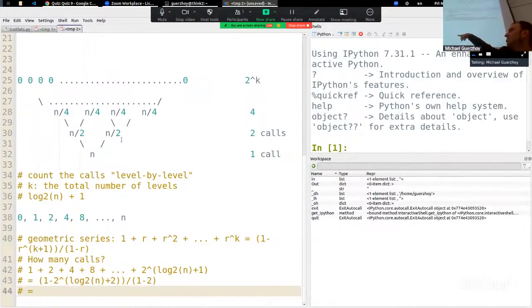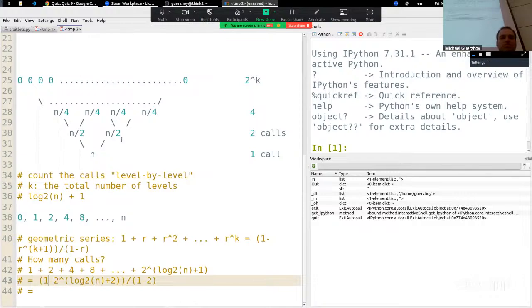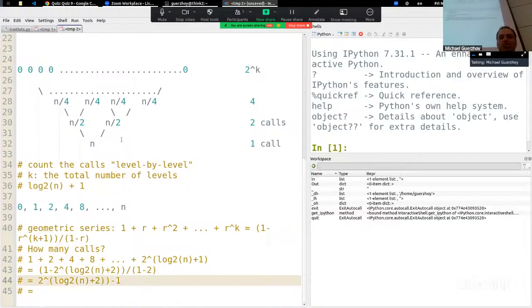So divided by 1 minus 2 just means flip this. So this is this thing minus 1. And 2 to the power of log base 2 of n is just n, plus 2 is just times 4.